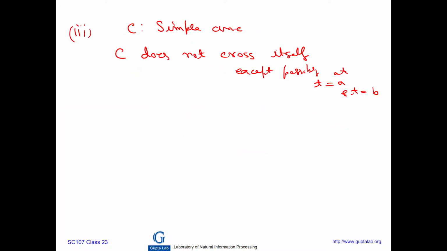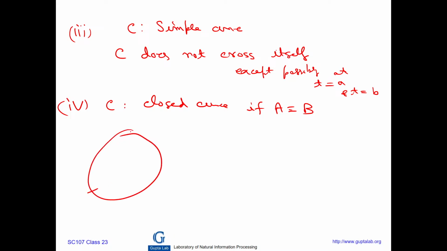Then fourth, C is said to be a closed curve if a is equal to b, right. This is a simple closed curve.